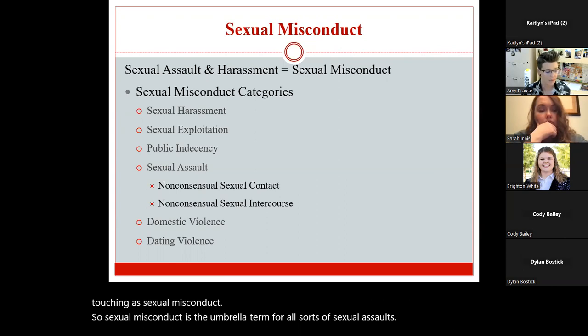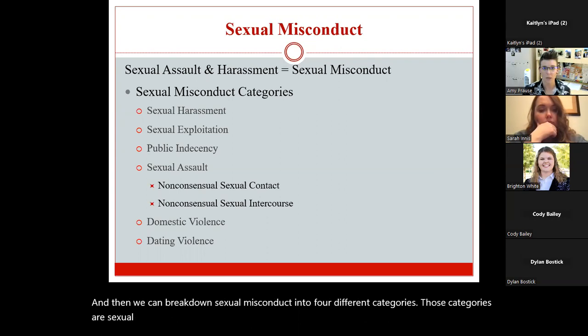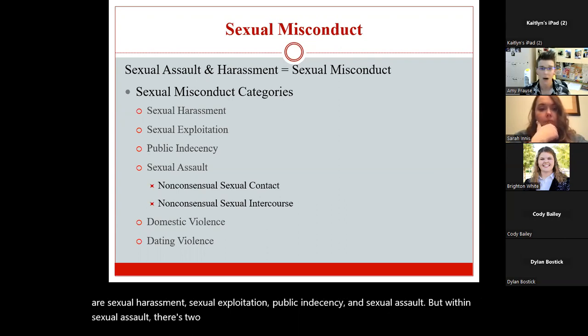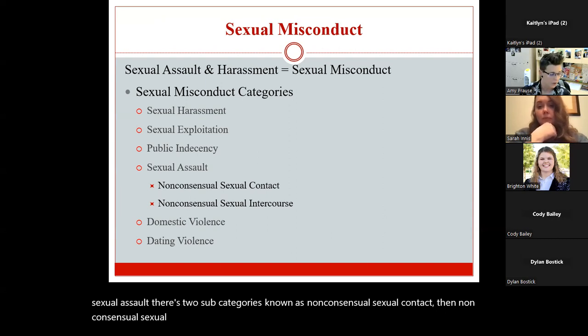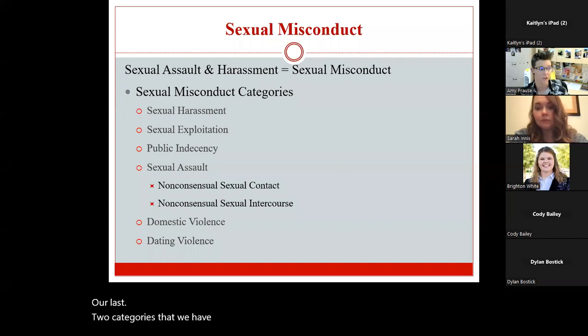And then we can break down sexual misconduct into 4 different categories: sexual harassment, sexual exploitation, public indecency, and sexual assault. But within sexual assault, there are 2 subcategories known as non-consensual sexual contact and non-consensual sexual intercourse. Our last 2 categories that we have added to this presentation are domestic violence and dating violence.